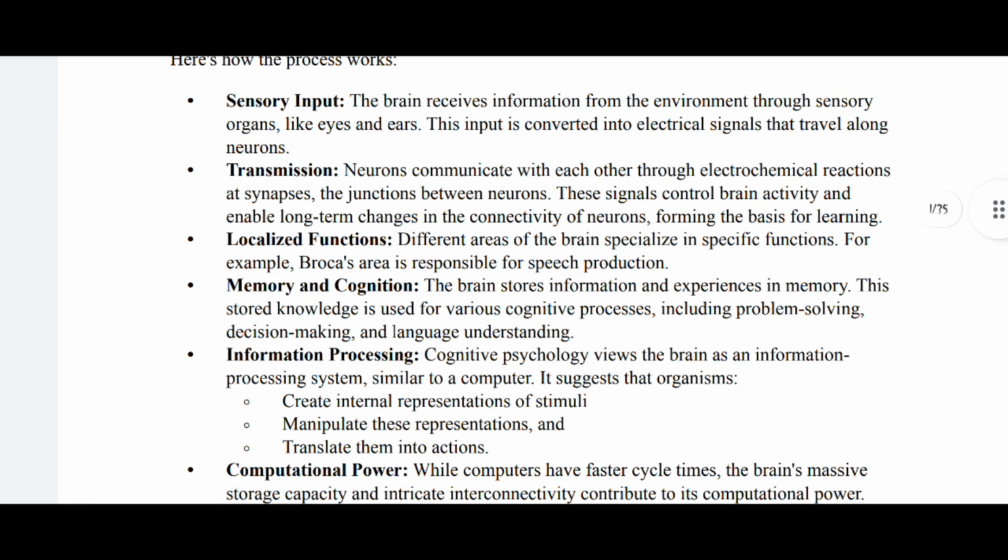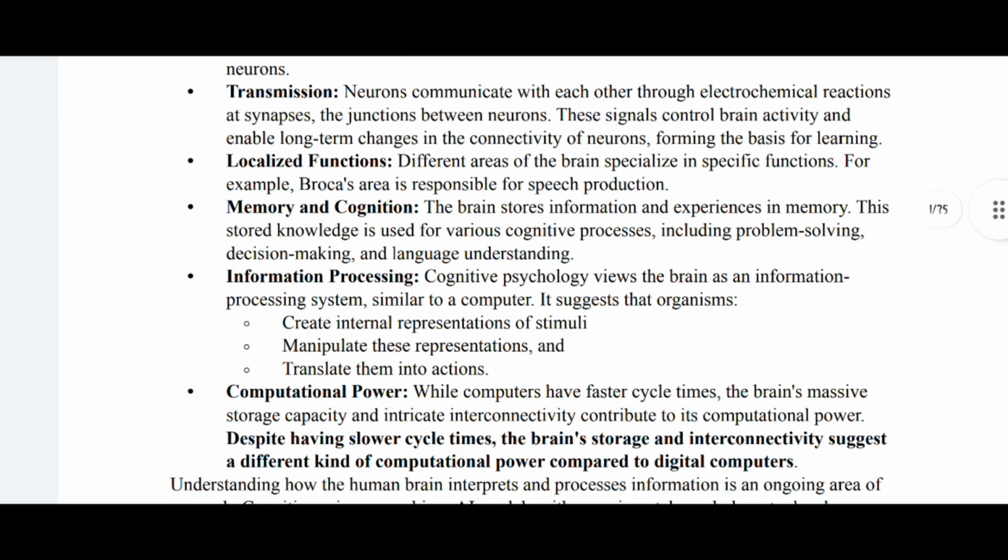Broca's area is responsible for speech production. Next, memory and cognition: the brain stores information and experiences in memory.